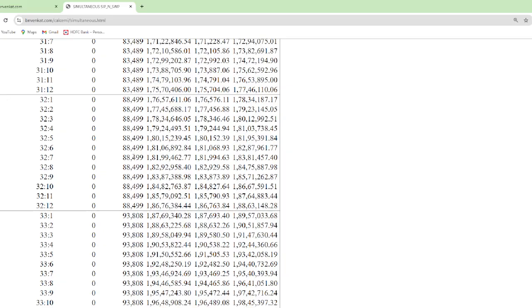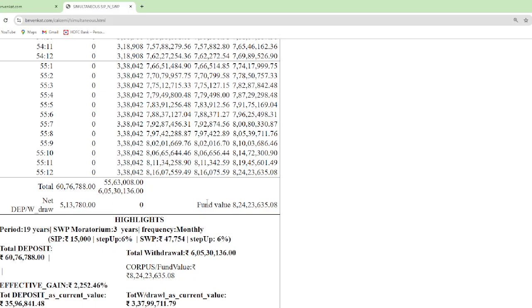In this case also, the effective deposit is only 5,13,780, same as the earlier case, but the fund value is 8 crore.